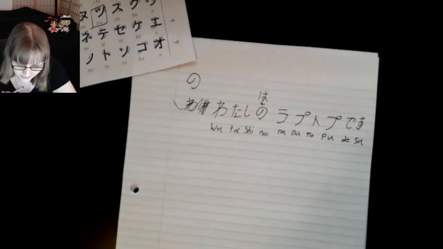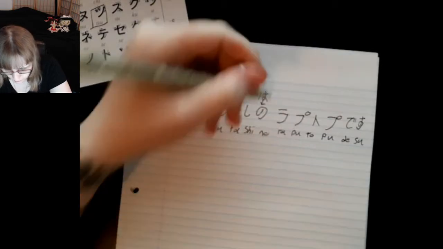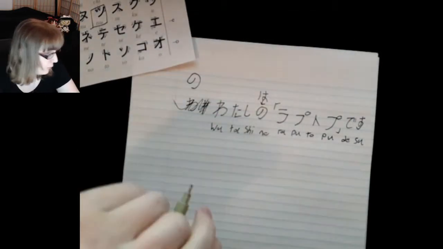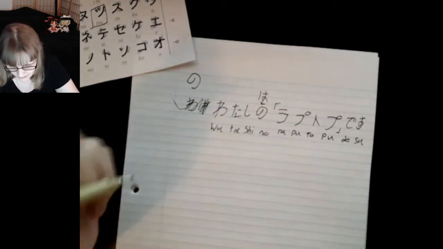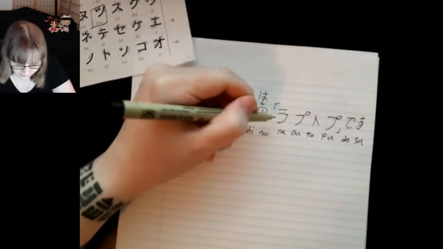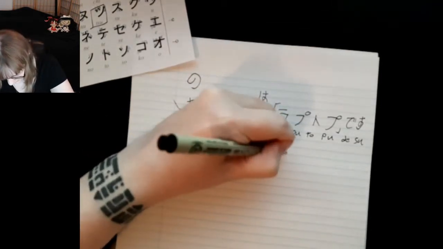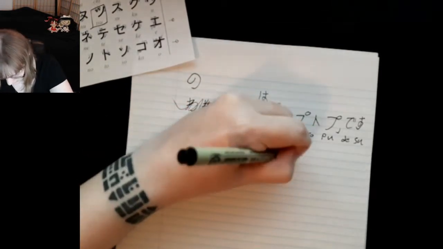So, as I said, katakana is generally used for English words, or sorry, foreign words, as well as names from foreign languages, etc., etc. So, can you guess what that is at all? Rapu topu. Laptop.